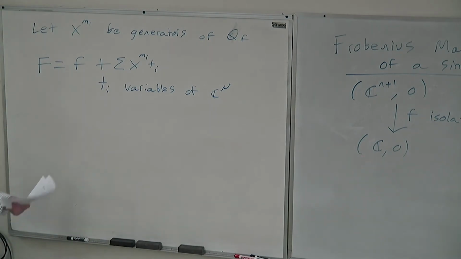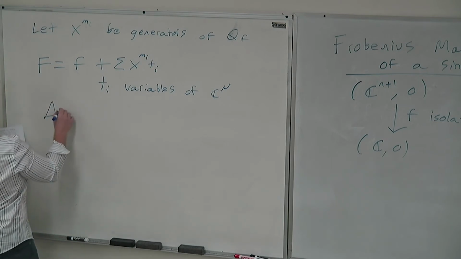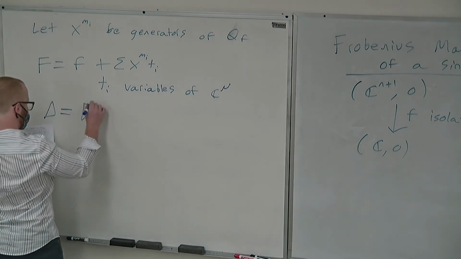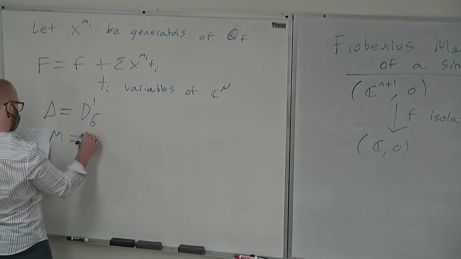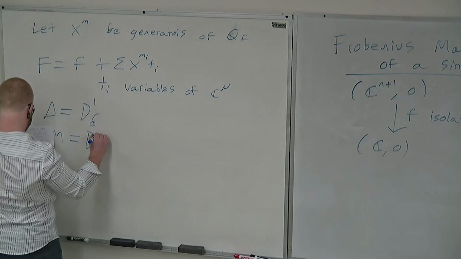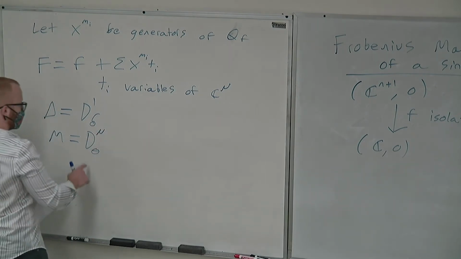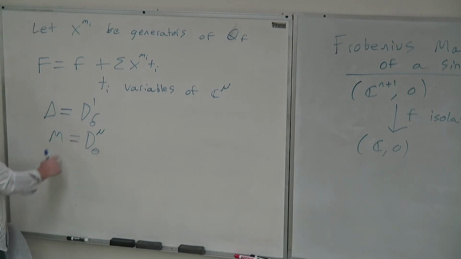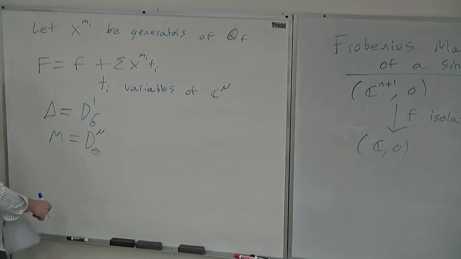So just like usual in singularity theory, I'm not just going to leave it like this. I'm going to restrict myself to some disks, or if you like, balls. And so this is going to be a disk of radius delta, a disk of radius theta. This is not just a disk. This is a mu-dimensional ball, I suppose.